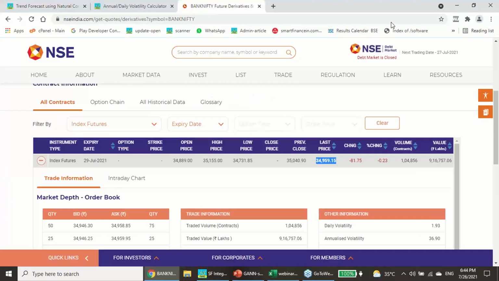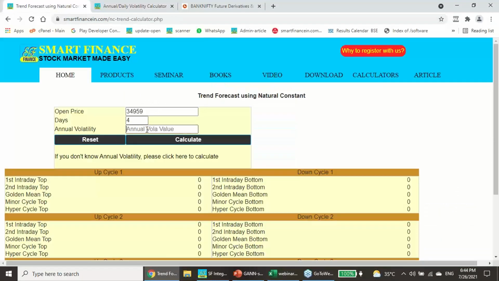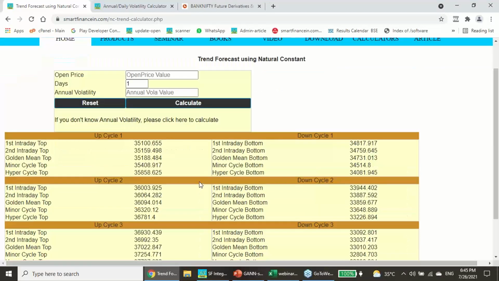I have recently taken it from the NSE side, though it is not the true annual volatility because it is taking the past 365 days of data. However, if I use 36.90 here, I can get the readings for the coming 4 days.